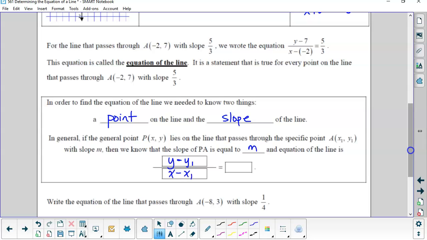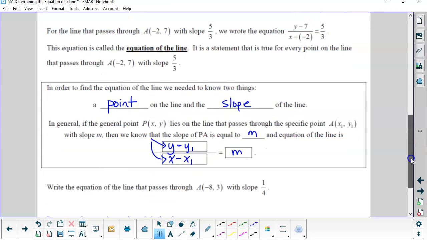In this case, that's what we're using. So x and y here, these are your general point. Maybe you'll end up substituting values in, etc. And then the slope here is m. Okay, so write the equation of the line that passes through A with slope 1/4.